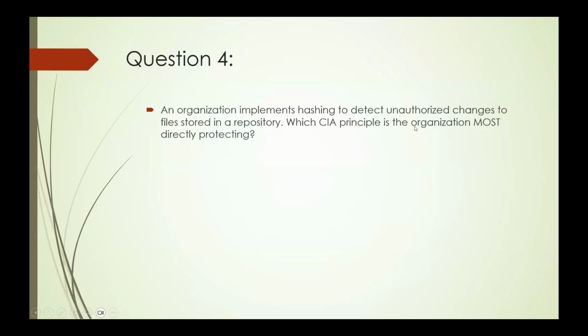Which CIA principle is the organization most directly protecting among availability, integrity, confidentiality, and privacy? Here, hashing helps us detect unauthorized modifications of data. So it ensures that information remains accurate and unchanged. Availability, no, it's nothing related to it.